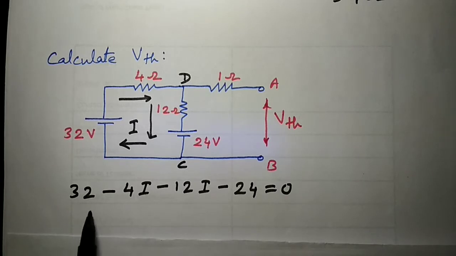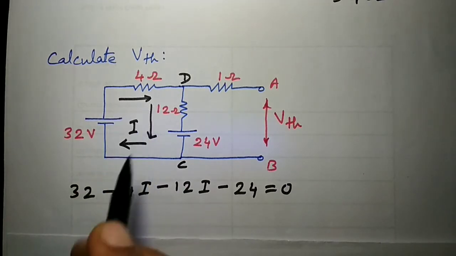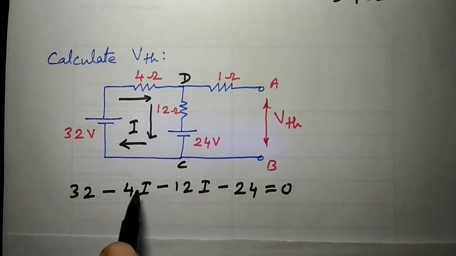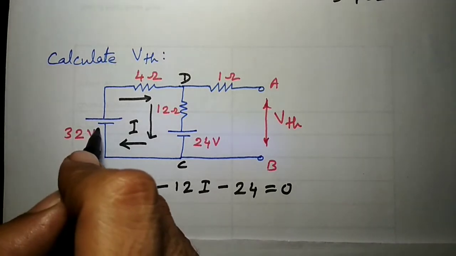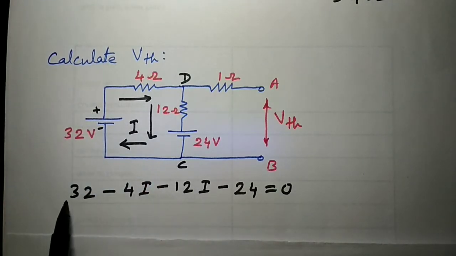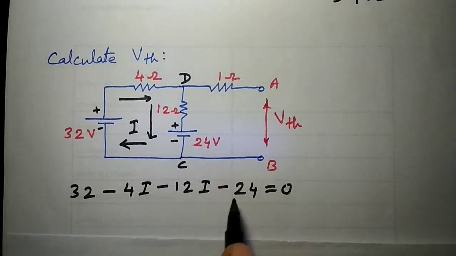We know the process of KVL. So for the KVL, if we go in the direction of the current, there will be a loss in potential, so it will be considered as negative. And if we go from negative to positive, for the voltage source, it is considered as positive, and if we go from positive to negative terminal, it will be taken as negative.